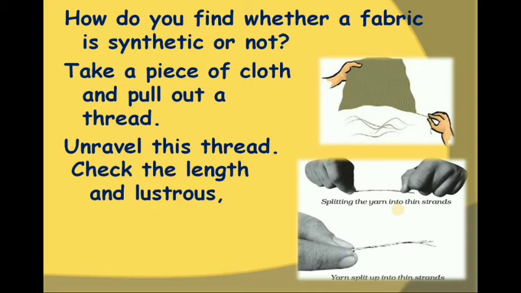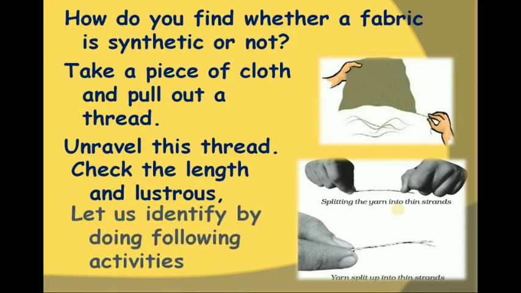If they are long, they are synthetic. If they are short, they are natural, because wool is a small piece, cotton is also a small piece. If they are small pieces, they are made of natural fibers. We cannot tell for sure, but it is a primary test.